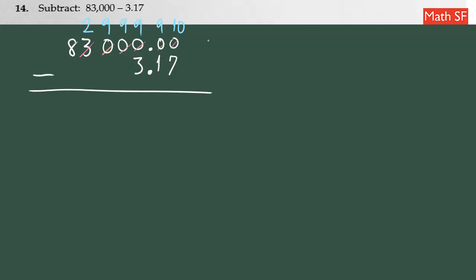So 10 minus 7 is 3, 9 minus 1 is 8, the decimal point here. 9 minus 3 is 6, and 9 minus 0 is 9, and here will become a 9, and here will become a 2, and this becomes an 8. That's our final answer.